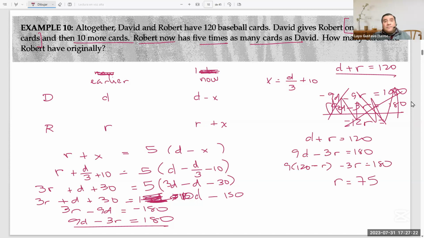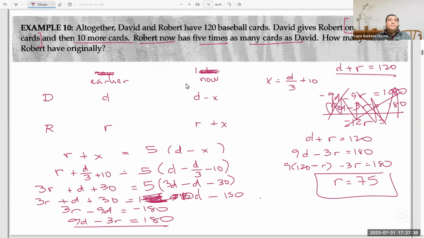And that would be the number of cards for Robert. So these are some examples that you can expect something like this in the SAT.